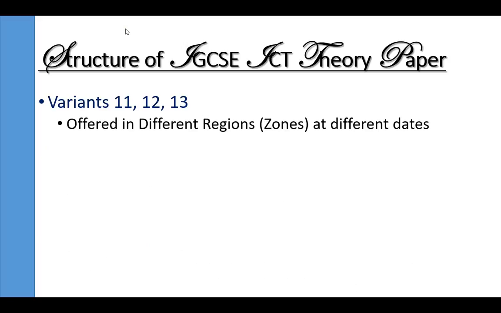These variants are offered in different regions, that is different zones, and they are usually taken on different dates. I've not come across a situation where they were taken on the same date, but most zones take a particular variant, and other zones would take another variant.